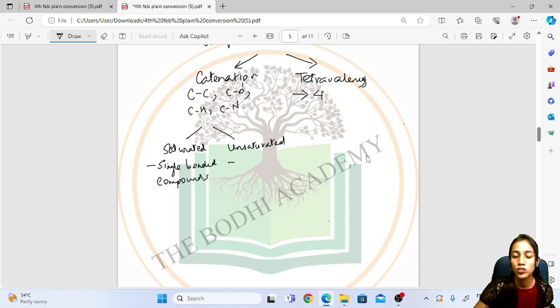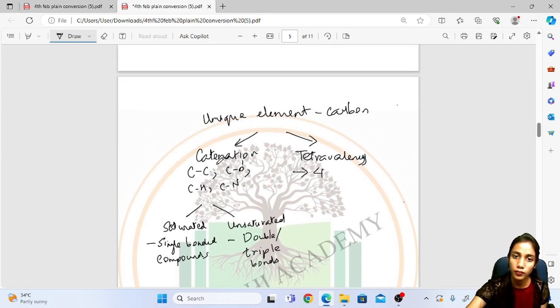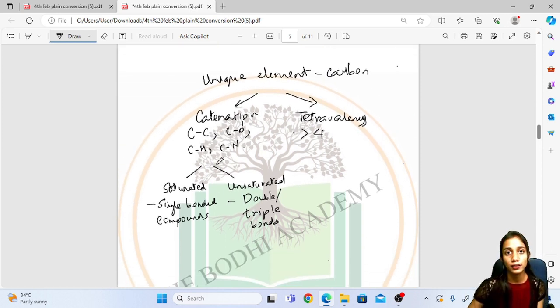Unsaturated are the ones which form double or triple bonds. So the unique ability of carbon to form bonds with other elements or with carbon is called catenation. Under that you have two types of compounds. It can form saturated when it forms a single bond, and unsaturated when it forms a double or triple bond.